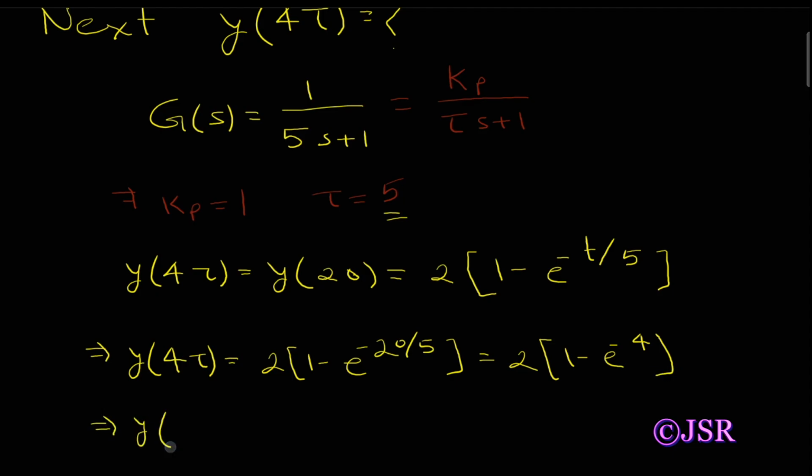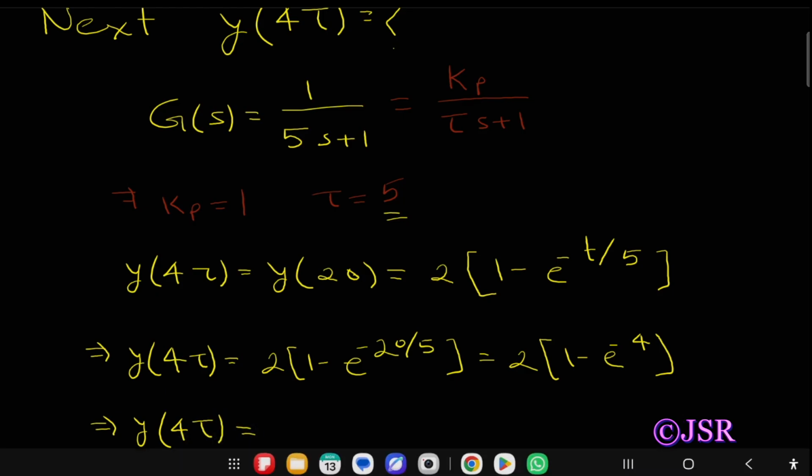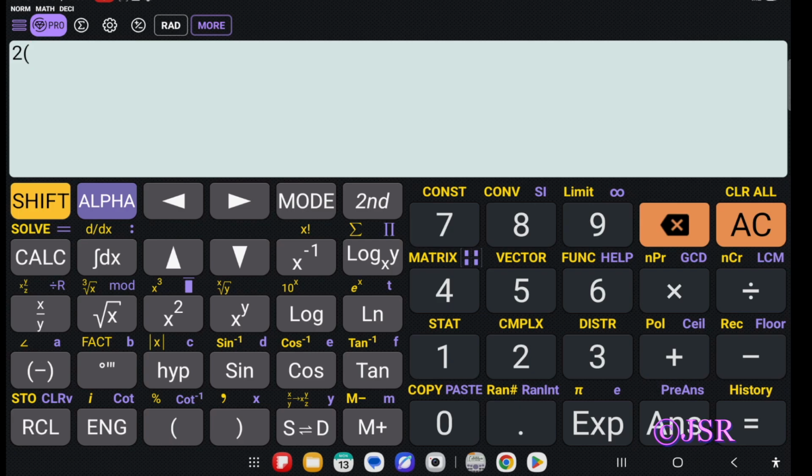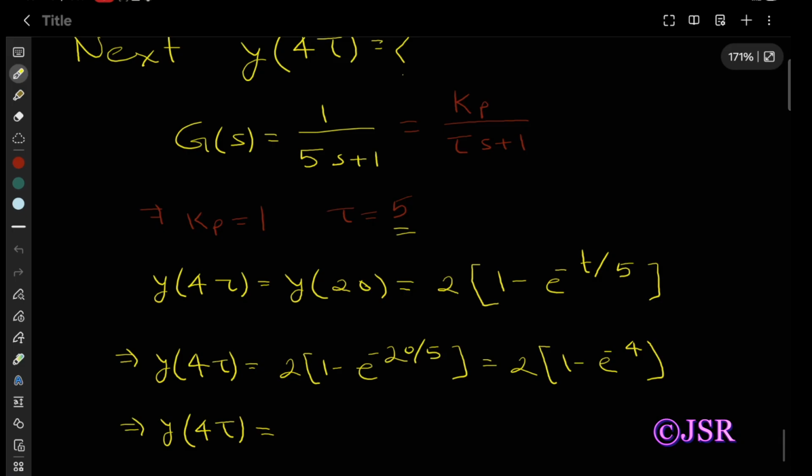Therefore y at 4 tau will be equal to 2 into 1 minus e to the power minus 4. So this is 1.96.